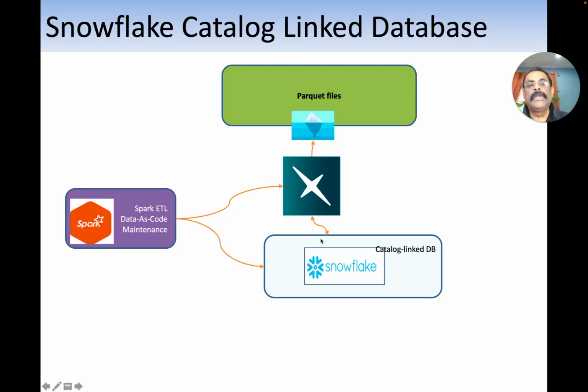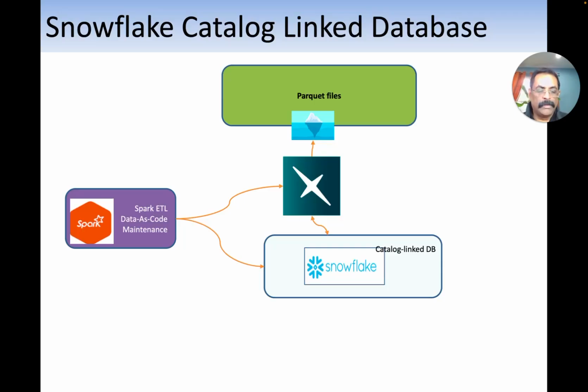Or even if the end user sees it in Snowflake, and you realize there is an issue, you can roll back. Look at one of the videos I created on how to roll back to a previous snapshot. Once you do that, Snowflake will see the old data. I'll do one more video on that.